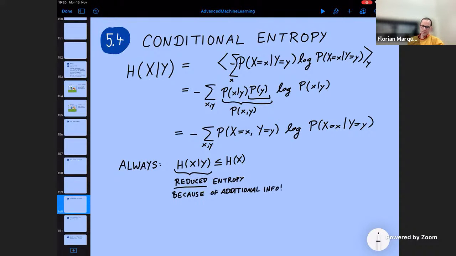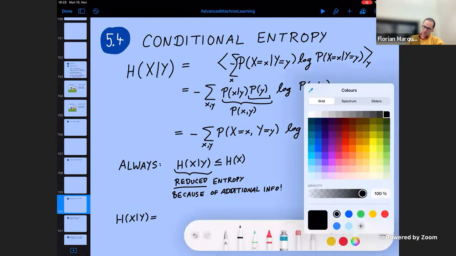And so just let me quickly sketch how this is done. H of x given y, you can also write as something else, and maybe I want to indicate it here.